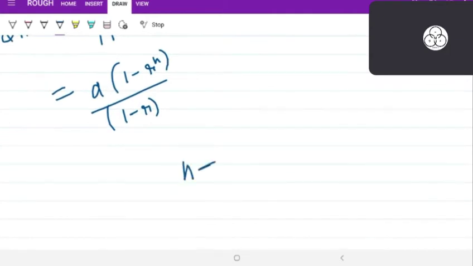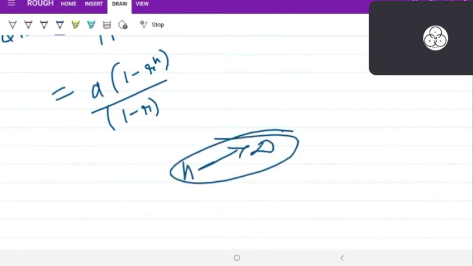And when n tends to infinity, this term will be infinitely small. R to the power n will be infinitely small since R is less than 1 in this case, so R to the power n tends to 0.